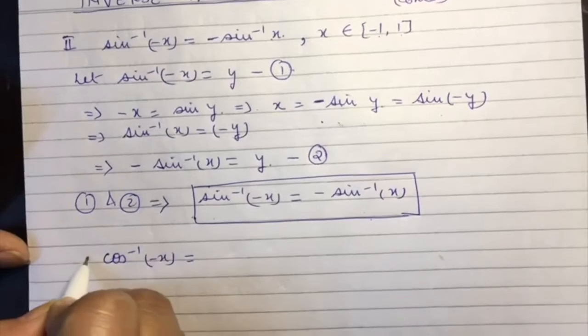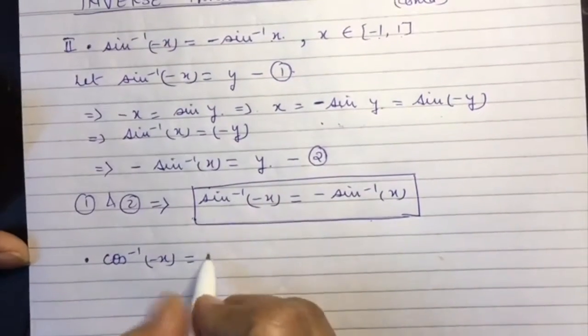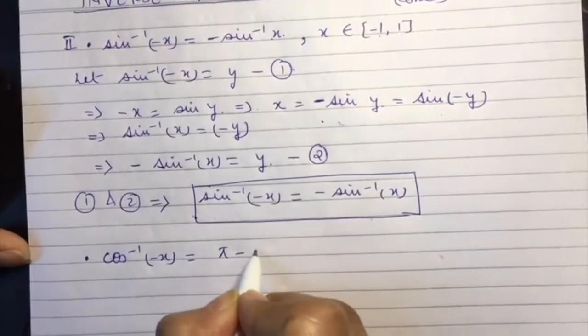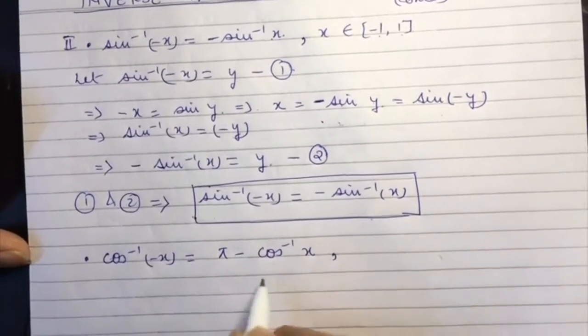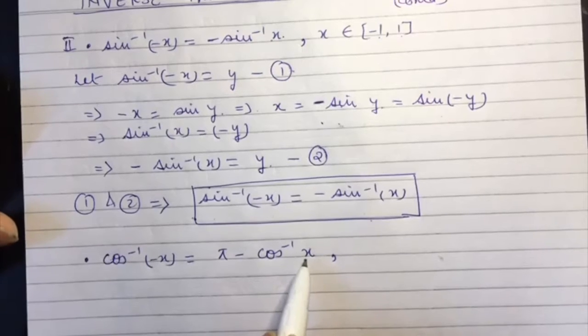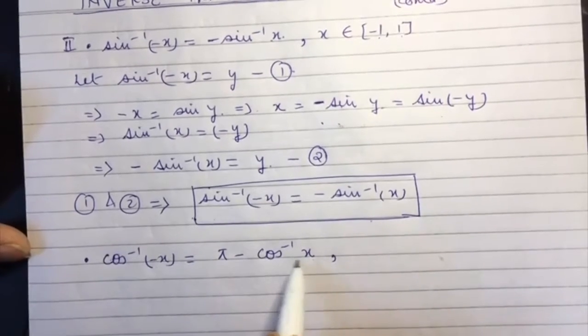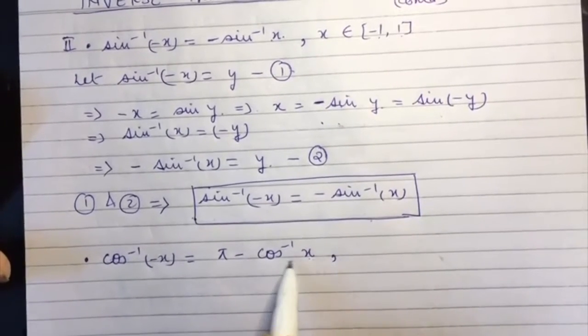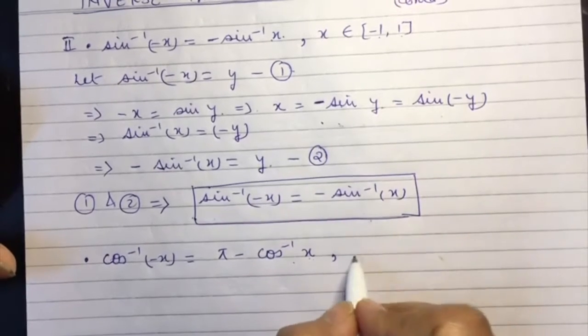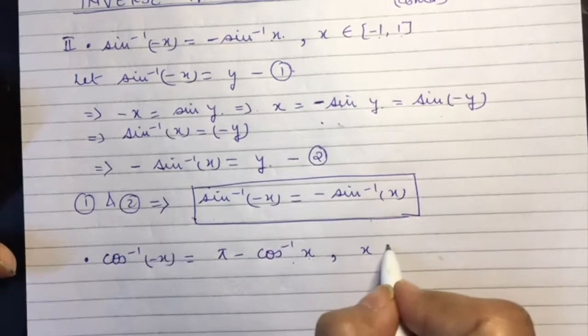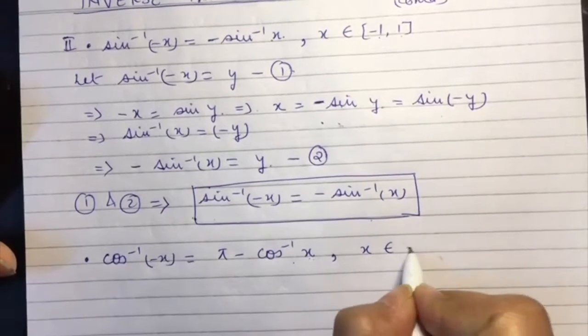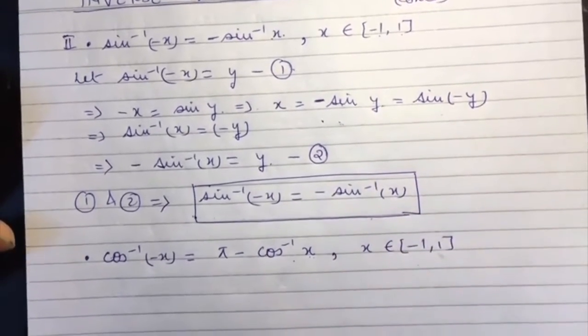The property says it is pi minus cos inverse x. Now again, for what values of x will this result be valid? For the domain of the function cos inverse, which is x should belong to minus 1 to 1.